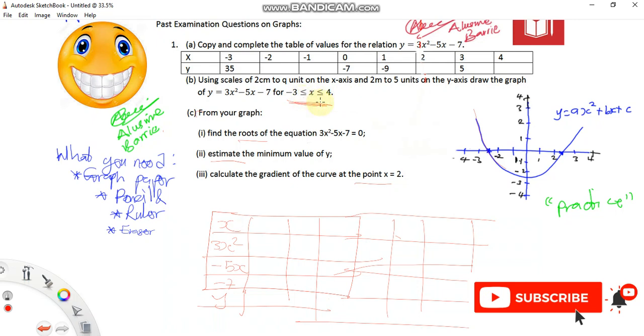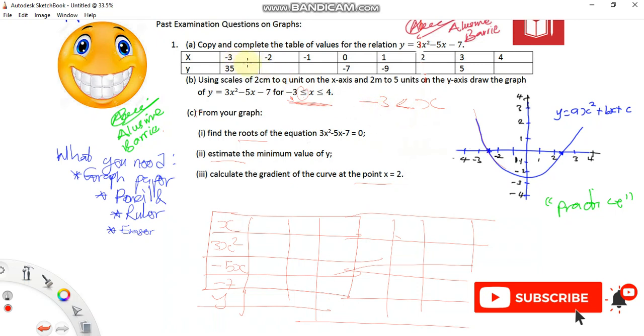One key thing you need to notice: whenever you see the symbol for less than or equal to or greater than or equal to, with this underline, it means you should include the value you see here. If it was written as less than x, less than 3, with minus 3, then you should not include this minus 3.